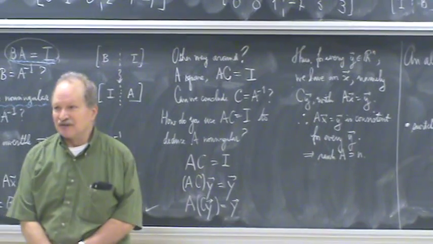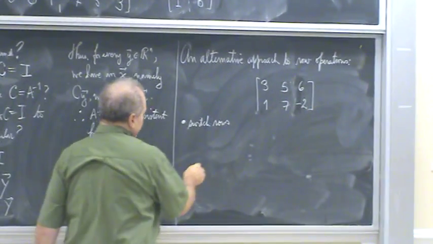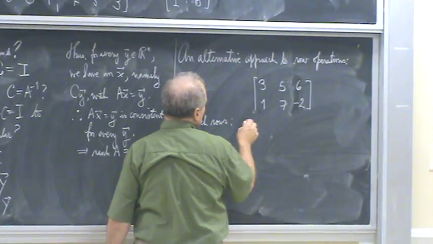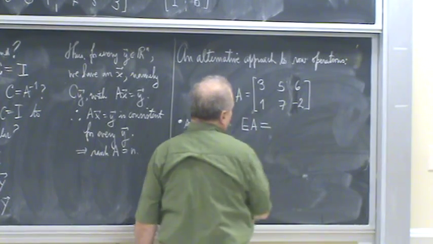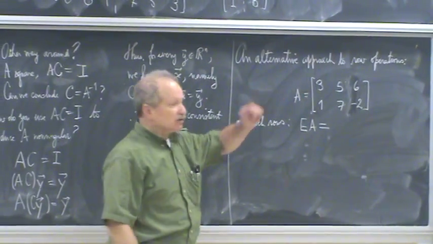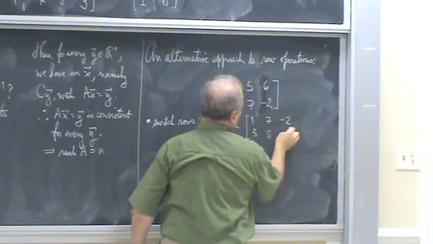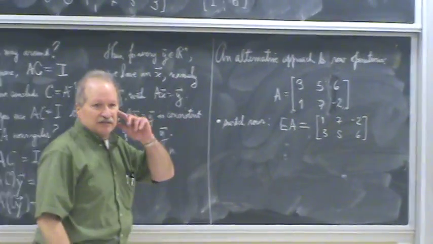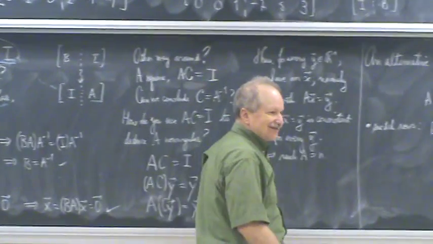All right, so what I want to do is ask myself, can I write down a matrix E so that when I do E times A, I get the matrix A with the rows switched? Can you give me an E that will do that? 0, 1, 1, 0.